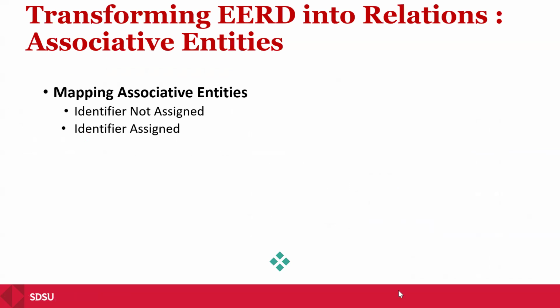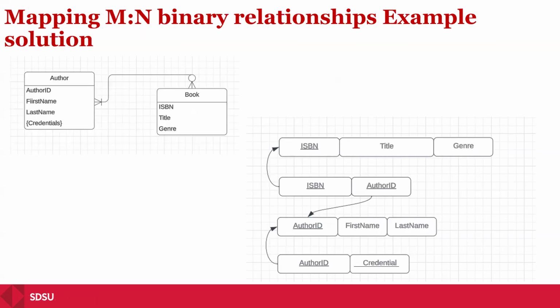For author credentials, we are going to have author ID and credential ID as separate attributes. And both author ID and credential will be a primary key of the author credential relation. So that will be part of the author side.